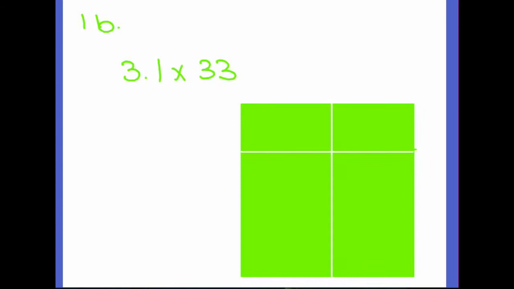Do you remember in the past when we did these and we said something like this? Do you remember that? When we multiply? Yeah? But is that number actually on the top? Is that number actually 3, 1?